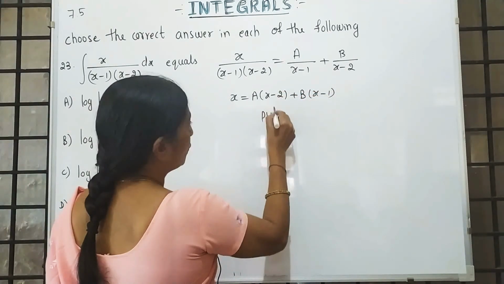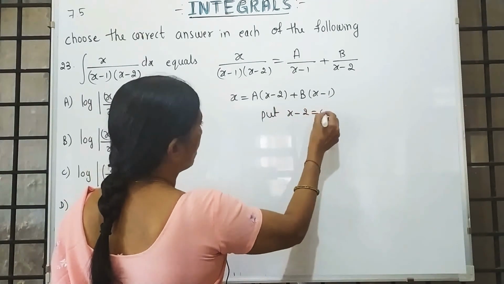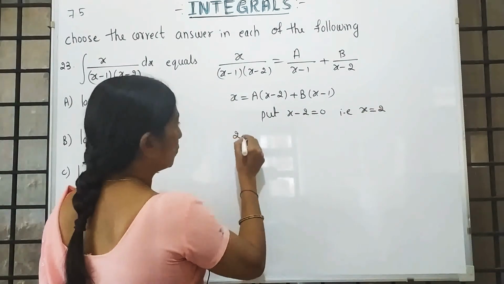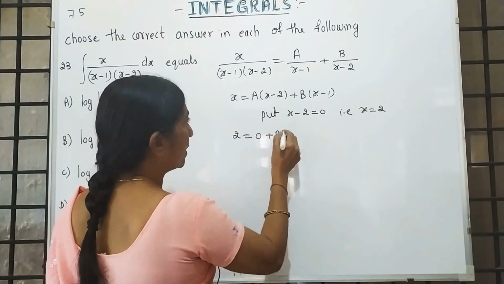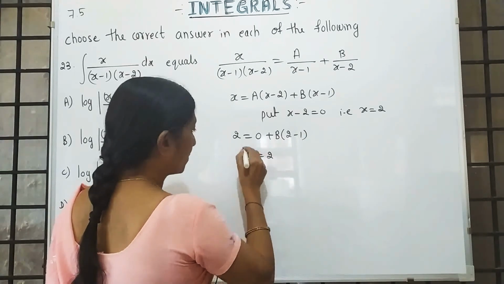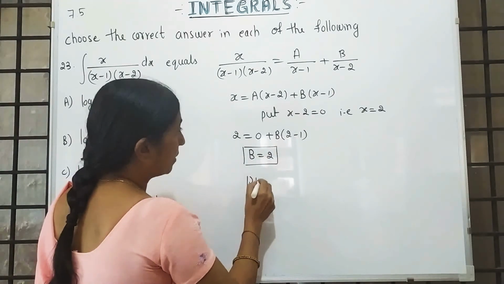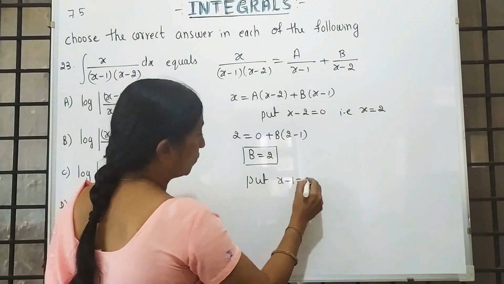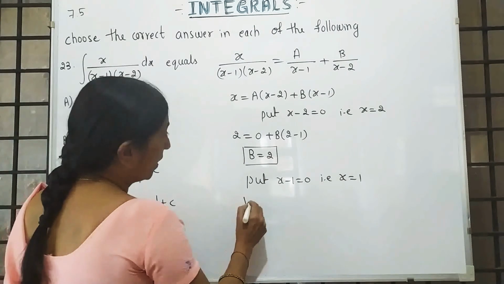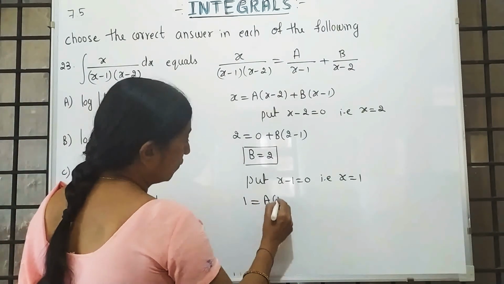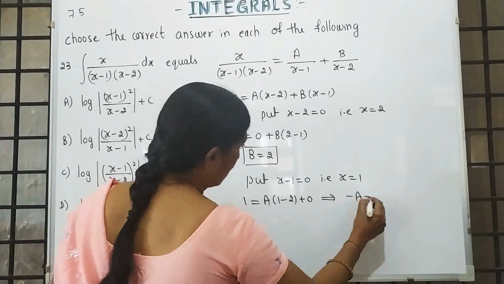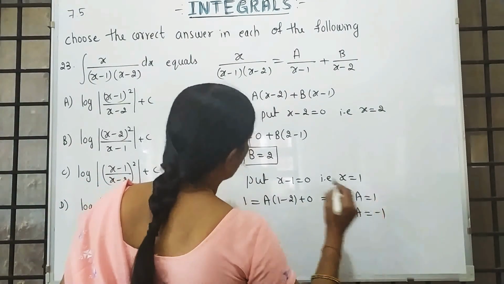Put x minus 2 is equal to 0, that is x is equal to 2. This is 2 equals 0 plus b into 2 minus 1, that is b is equal to 2. Then put x minus 1 is equal to 0, that is x is equal to 1. So, it is 1 is equal to a into 1 minus 2, b becomes 0, implies minus a is equal to 1 or a is minus 1.